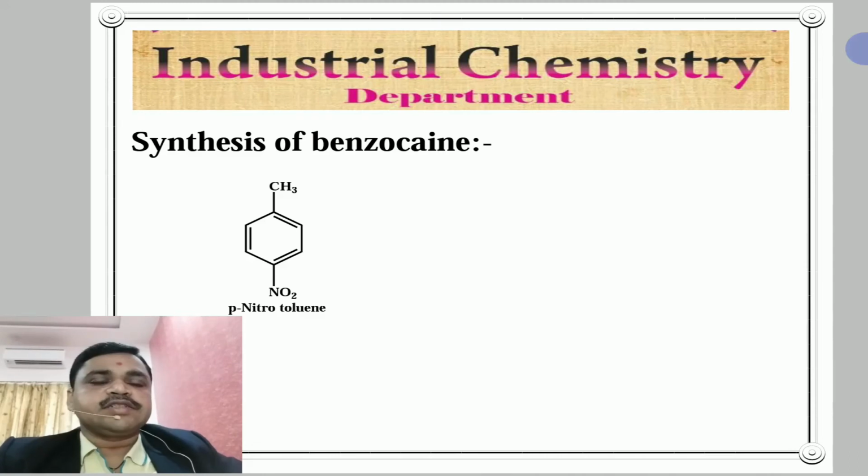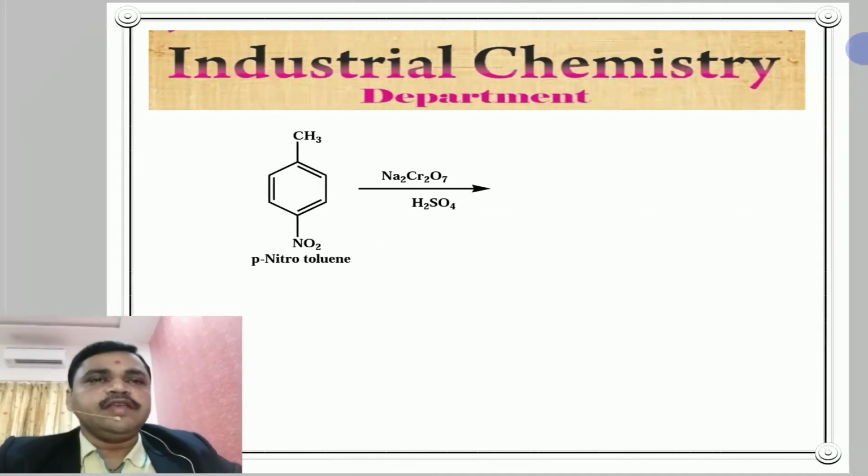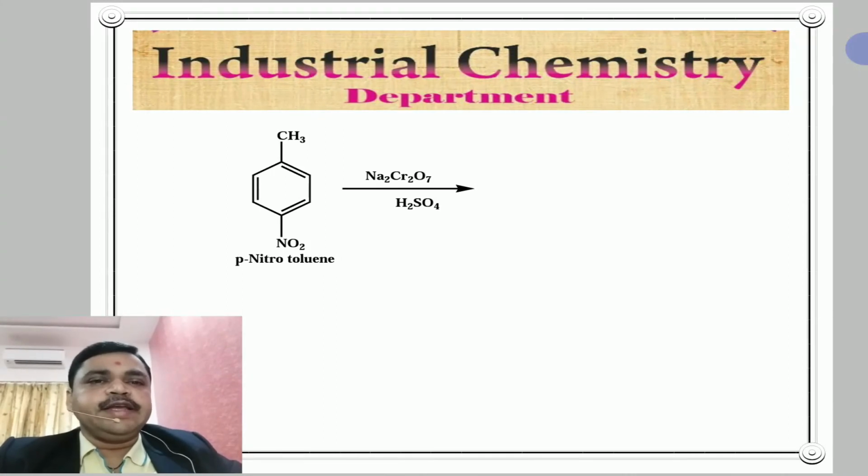Now, the last compound for this lecture, synthesis of benzocaine. Benzocaine is synthesized from para-nitrotoluene. This is the structure of para-nitrotoluene. This para-nitrotoluene is treated with Na2Cr2O7, sodium dichromate, in the presence of sulfuric acid.